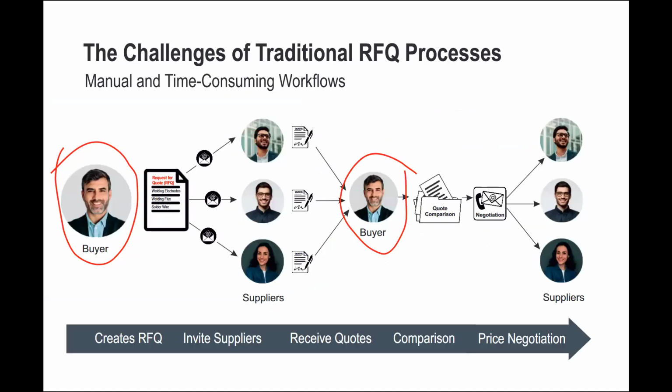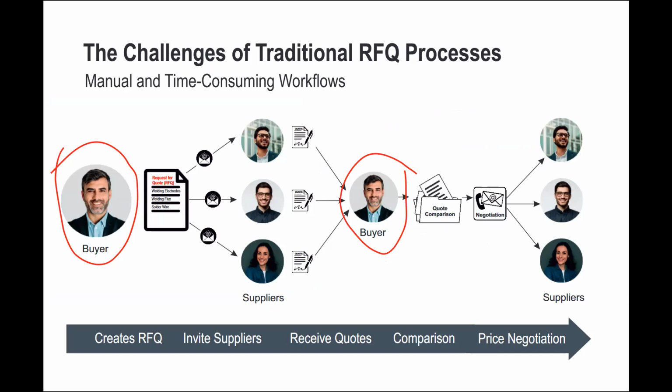See, as we discussed in the first slide, the entire RFQ process. The most important thing is that a buyer has got two roles. One role is he would create an initial RFQ and send it to suppliers. Second role is to collect all the quotations from the suppliers, create a nice Excel sheet to understand what suppliers have quoted, and based on that, create a negotiation process.